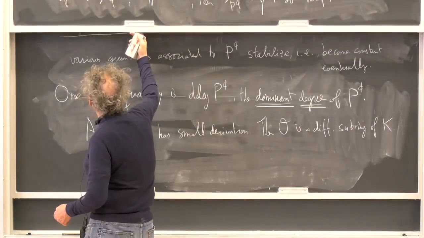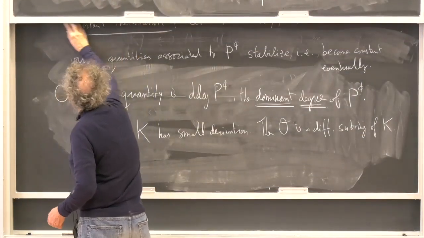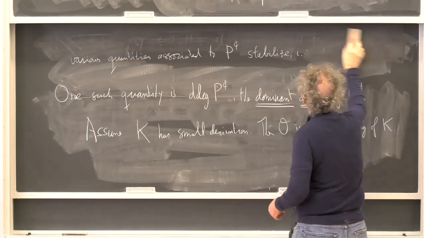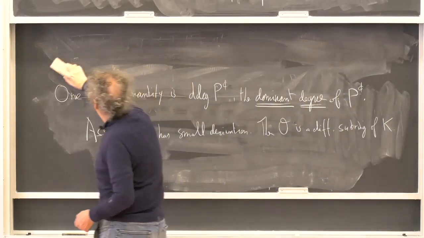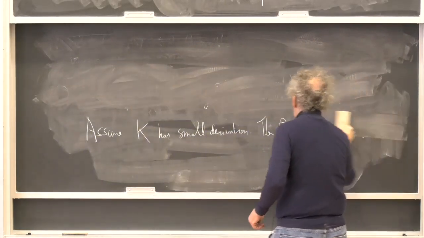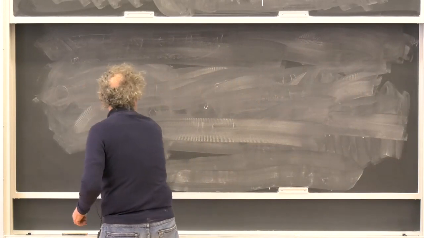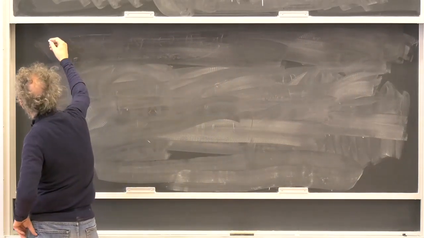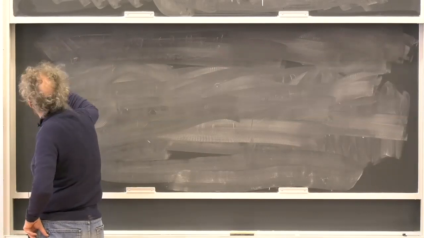So it turns out that this is called the Newton polynomial associated to P. A non-trivial fact, but it's not too hard to prove.